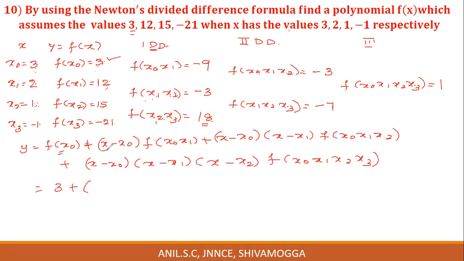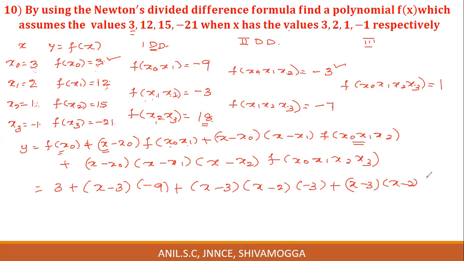To find interpolating polynomial, x will not be specified. You keep it as it is. X minus x naught and x naught is 3. f of x naught x1 is minus 9 plus x minus x naught into x minus x1 into f of x naught x1 x2 is minus 3 plus x minus x naught x minus x1 x minus x2.